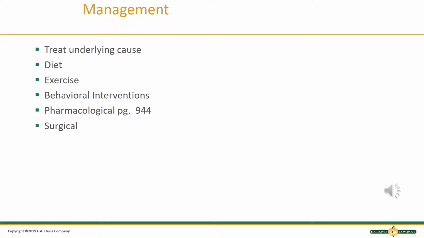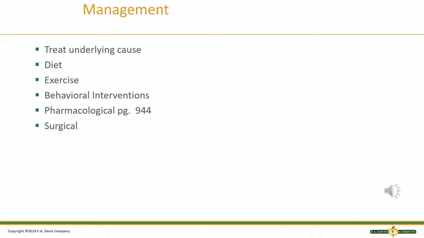A multidisciplinary approach is best to use for weight loss because it's a chronic thing, and it requires a lot of help from a lot of different areas, including maintaining a special diet, encouraging and supporting exercise, and then cognitive therapy may be needed to help with motivation and also depression. See page 943 for details in your book.